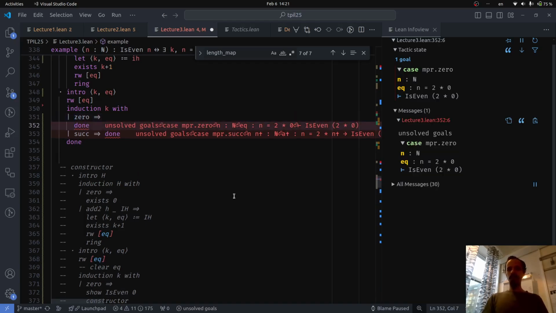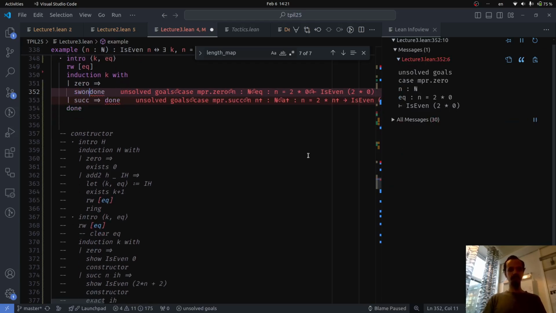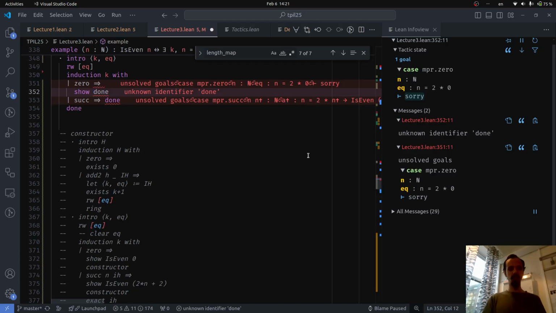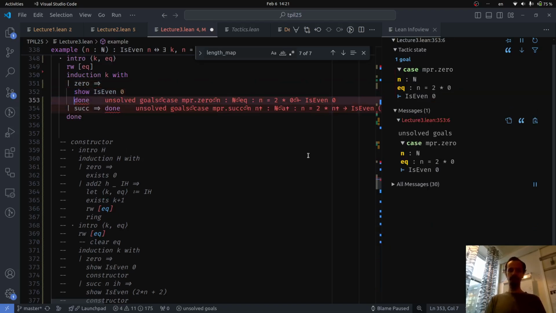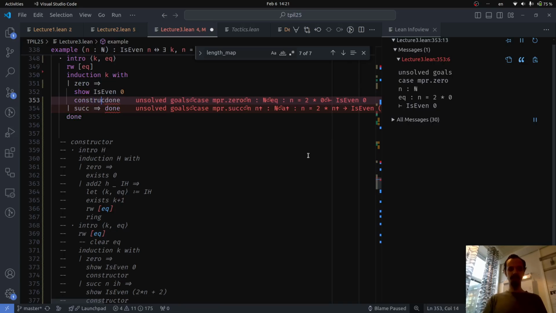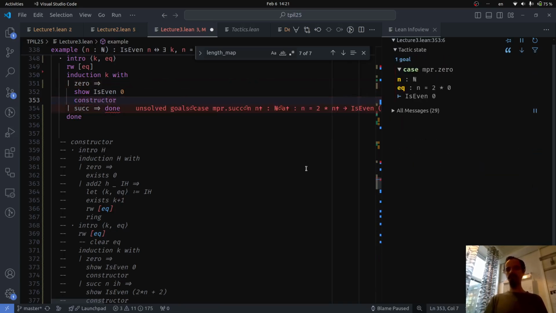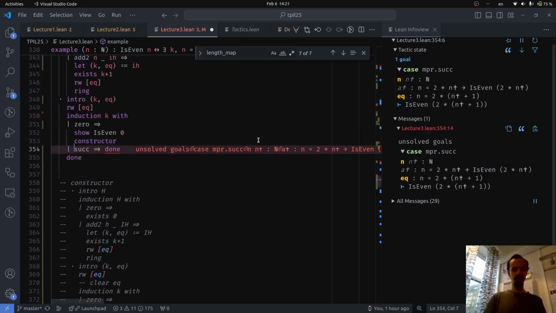In the 0 case, we want to prove is even of 2 times 0. This will be true by definition, but just to remind you, this is the same as is even of 0. So I can write it like that. And constructor, of course, will find the constructor that applies in this situation, which is the 0 constructor.